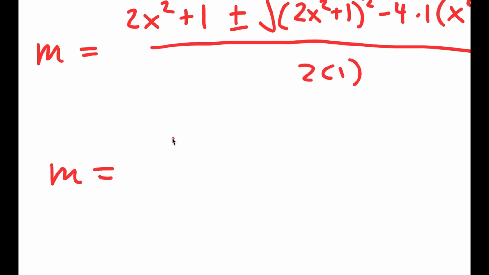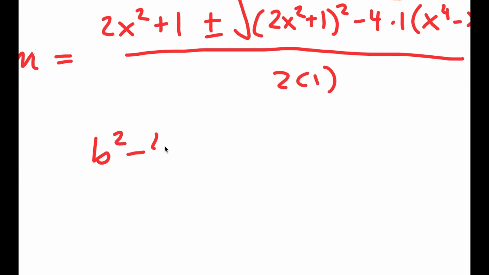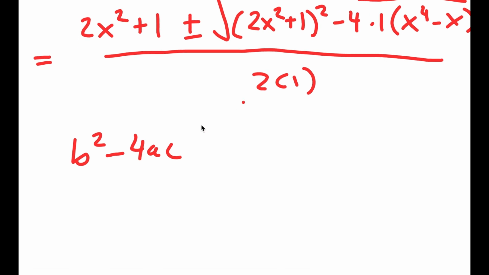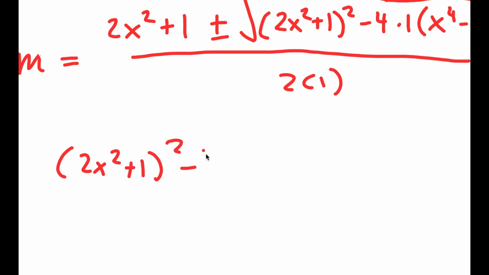So now, before solving anything, I'm going to first simplify b squared minus 4ac, which is the value over here. So I have (2x squared plus 1) squared minus 4x to the power 4 plus 4x.